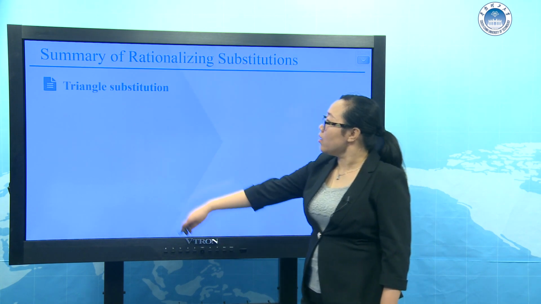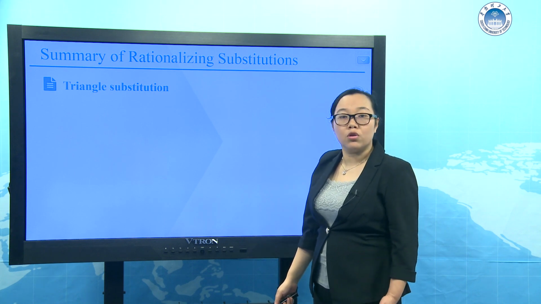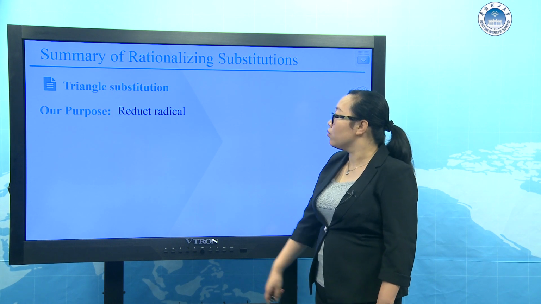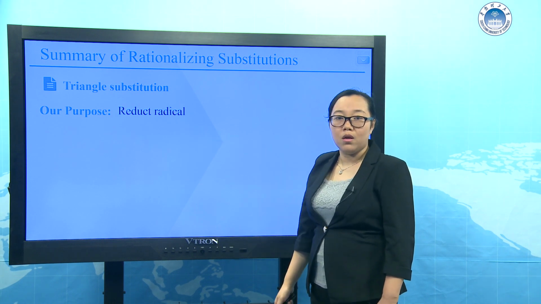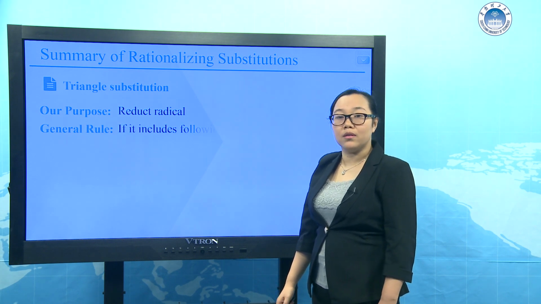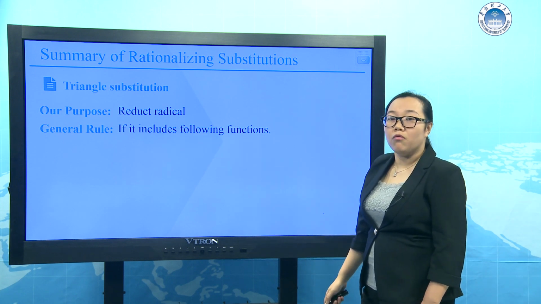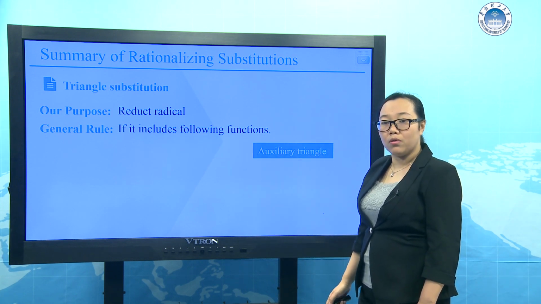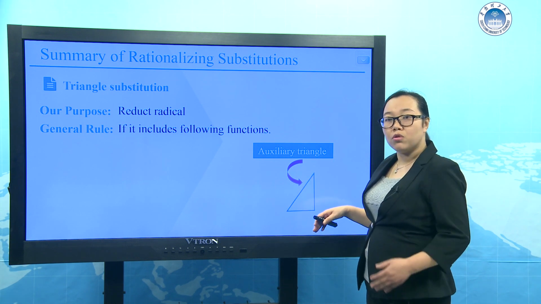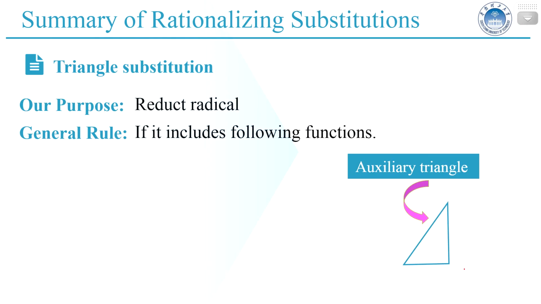Case 2, in some special cases, we will try to use trigonometric substitution. Our purpose is to reduce the radical, meaning the square root. As a general rule, there are 3 cases. If the integrand includes the following functions, we try to use the triangle information. We can build a new triangle and use the useful information in the corresponding triangle.